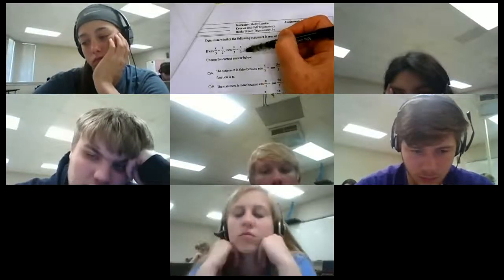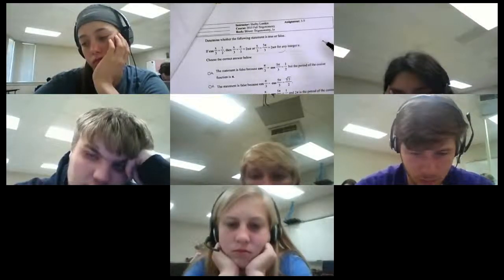The next one, I think we're on number 4. Determine whether the following statement is true or false. If cosine of x over 3 is 1/2, then x over 3 equals pi over 3 plus 2n pi. That means that occurs at pi over 3, and every time you stop at pi over 3, if you're going round and round. Or x over 3 equals 5 pi over 3 plus however many trips around. Is it true or false?